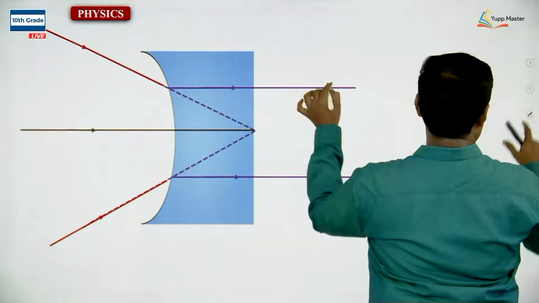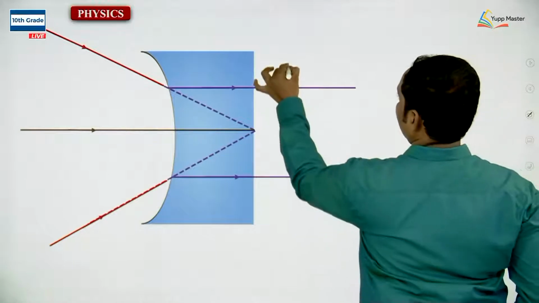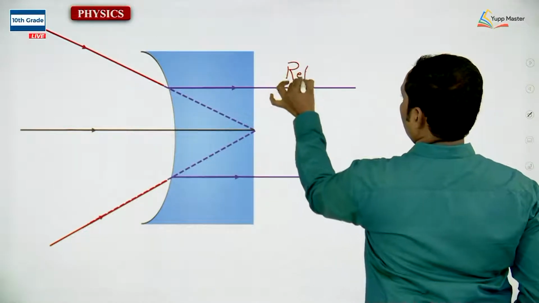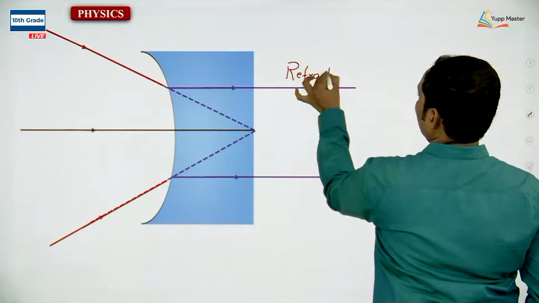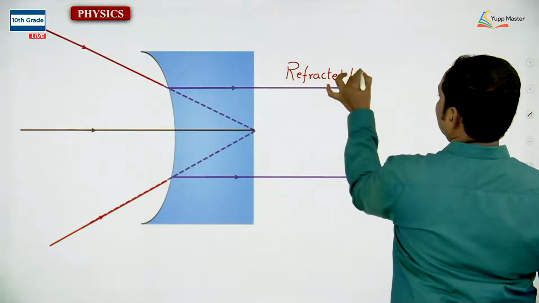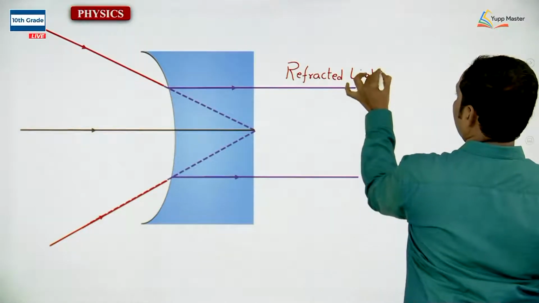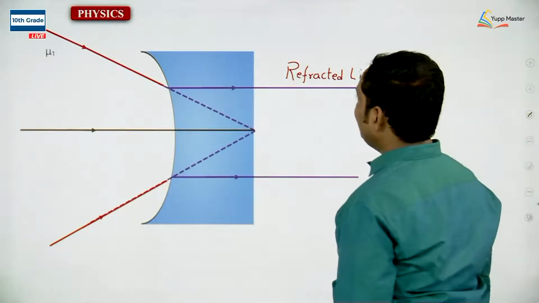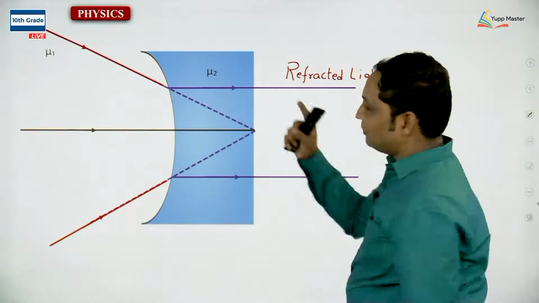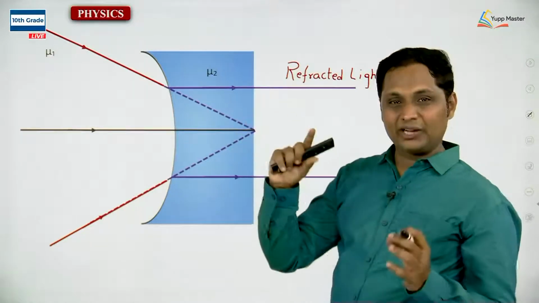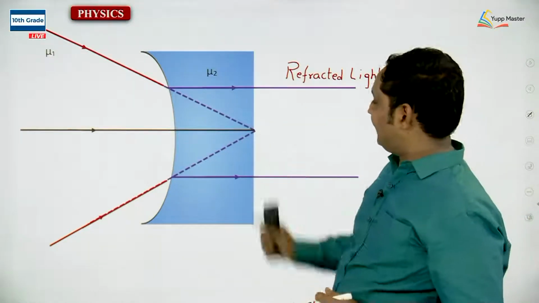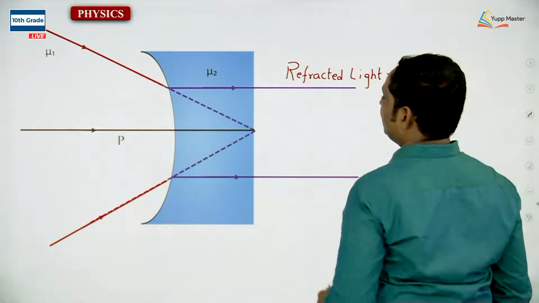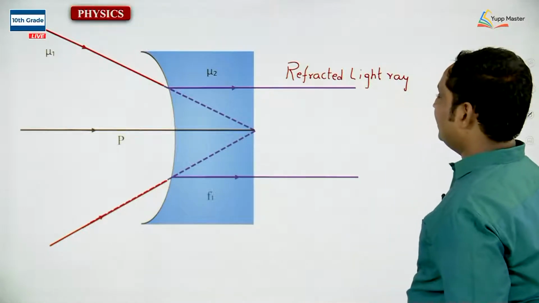So this is the refracted light ray. Now mu1 and mu2 are the refractive indices of the rarer and denser medium.